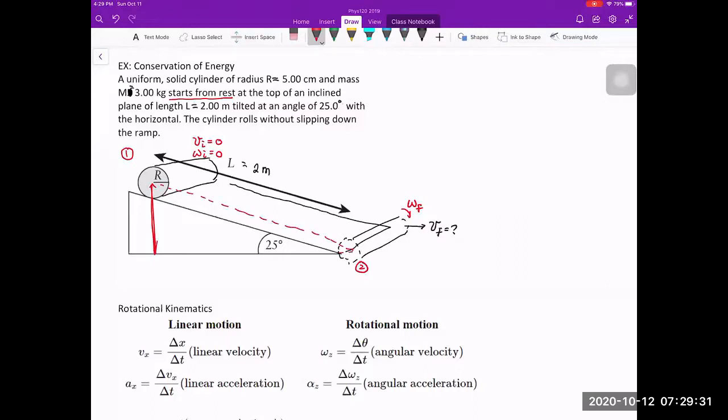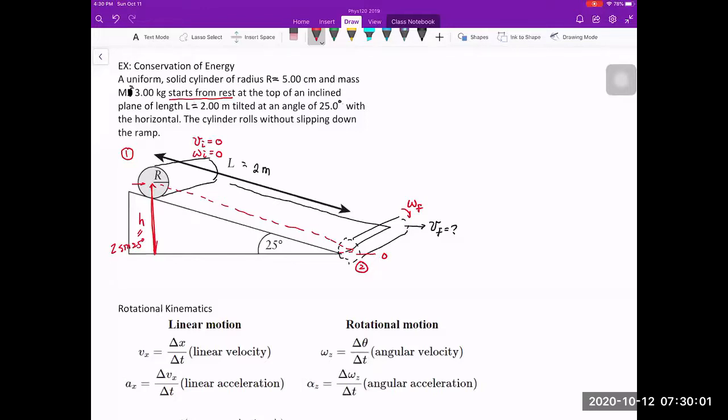This is a triangle with an angle of 25 degrees. This is the height drop. If you make this one to be 0, then the height of this object is equal to h, where we know h is equal to the hypotenuse times sine 25 degrees. So it's going to be 2 times sine 25 degrees. That's your change of height.